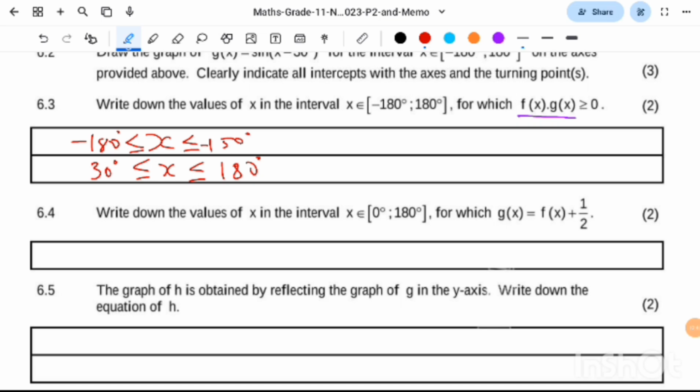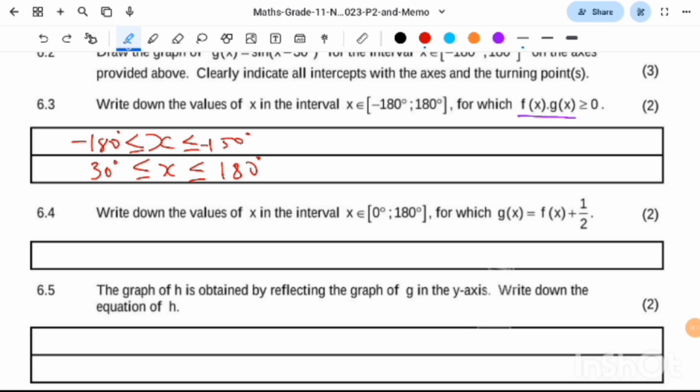So now this question here, they tried to trick us. If they had asked us where g of x is equal to f of x, we would look at where the two graphs are crossing each other or where the two graphs intersect. But in this case, they said f of x plus half.